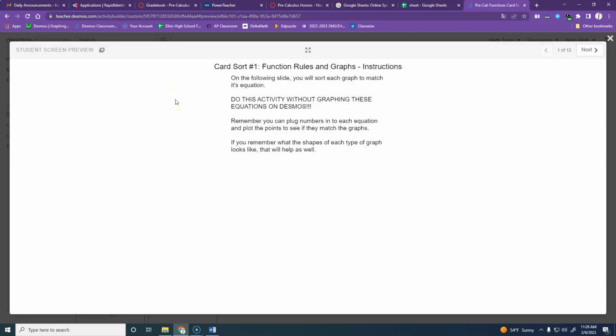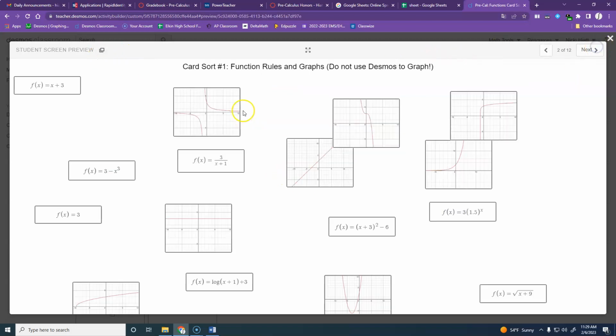I want you to try your very, very, very best to do this without graphing these on Desmos. If you become desperate and must graph them on Desmos, you can. But I want you to try to do it without graphing on Desmos. So, you are going to match just the equations to the graph.